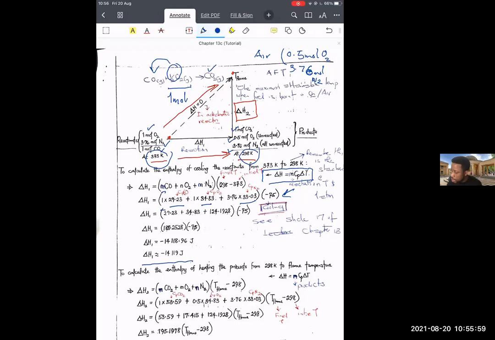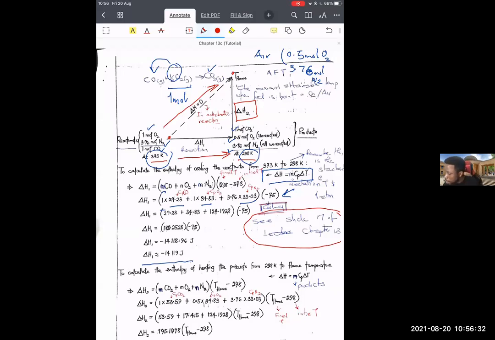So the cooling heat of reaction is taking place here, but we still need the change in terms of taking it to the flame. Are we still all clear? That is why I said having a visual representation is going to help. I've also written down something here to remind you: see slide 17 of the lectures of chapter 13 lecture slide.